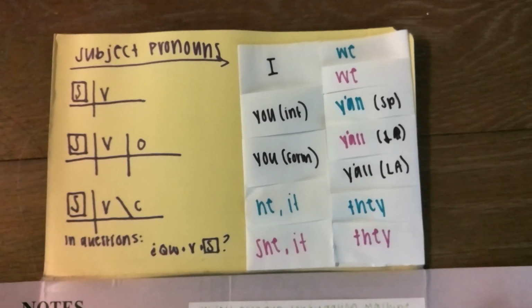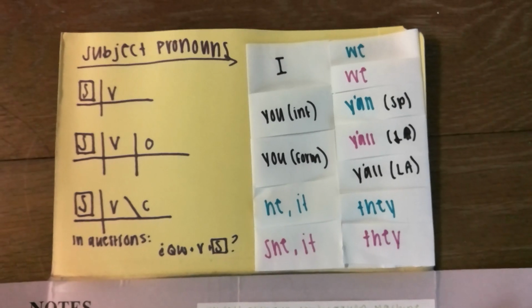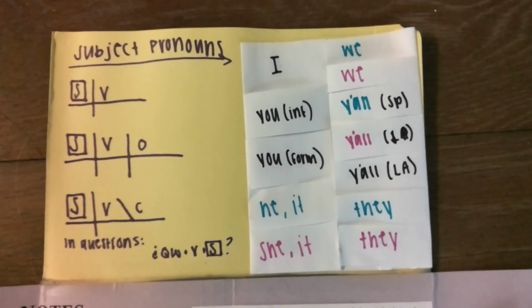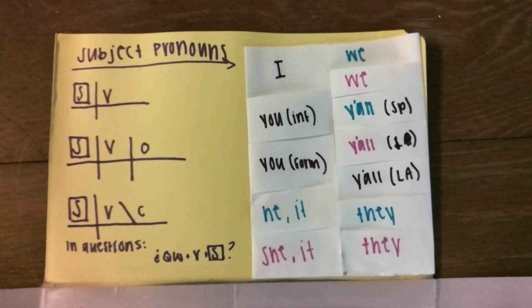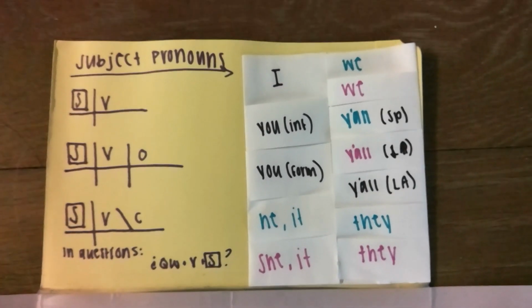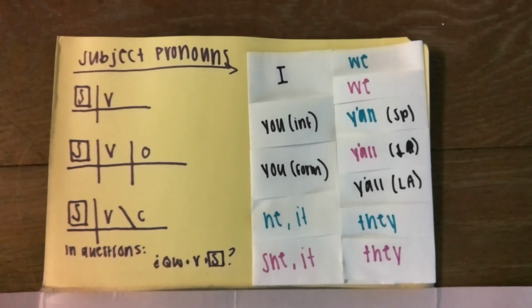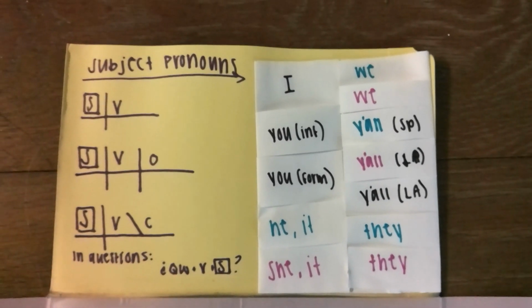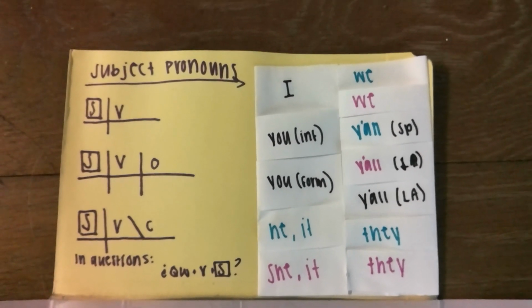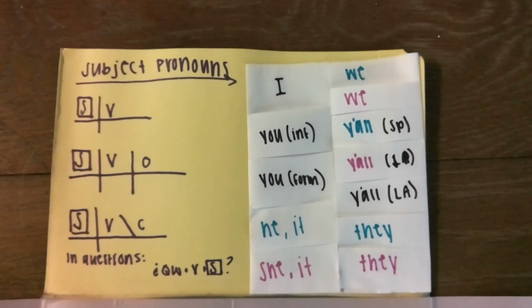So there are a lot of different pronouns, but these are specifically the ones that we use to talk about subjects. So this is to show you what place and what job these pronouns have in a sentence. And then at the bottom you have in questions, I'm showing you that if you were to use a subject pronoun, put it after the verb with a question word.